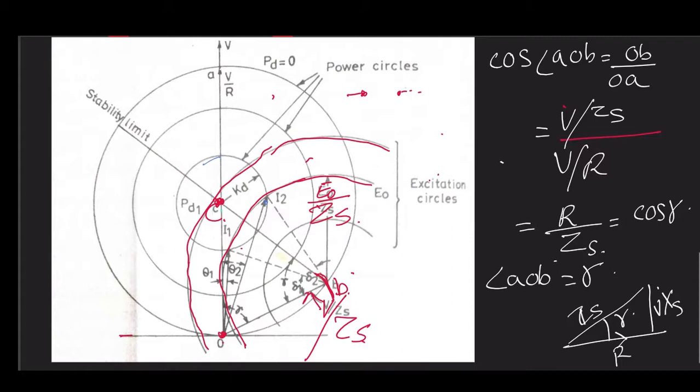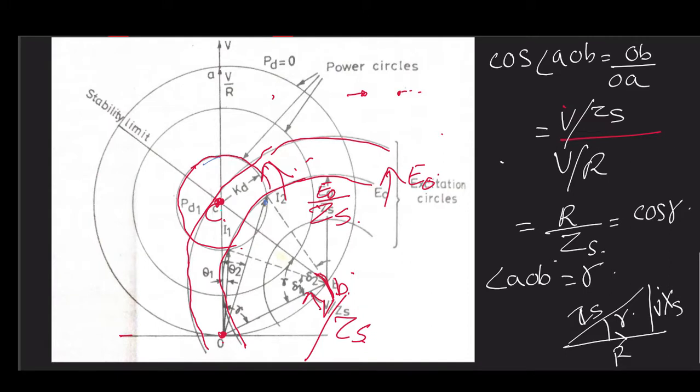However, here the case is quite straightforward. If you keep on increasing E naught, you will move outward. The more you move in this direction, the higher your E naught will be.